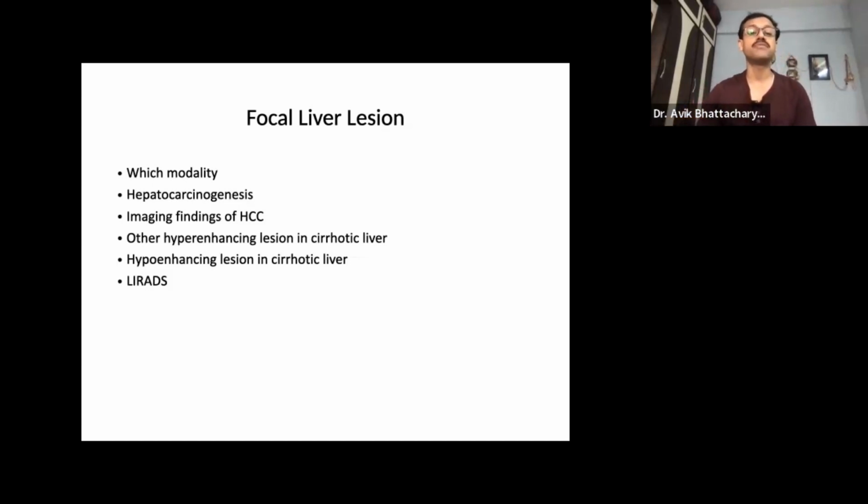Then what are the specific imaging findings of HCC, hepatocellular carcinoma, and the other lesions in liver which are malignant but not hepatocellular carcinoma. And ultimately we'll go into the different subsets of the LIRADS classification, how we classify focal liver lesions.